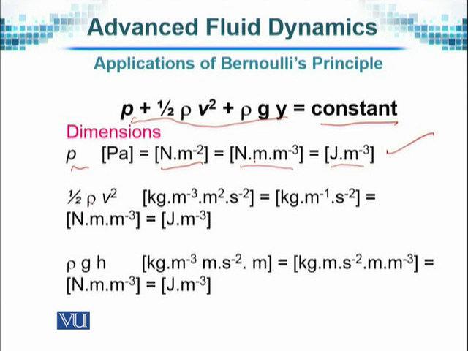Then we have the other term, the middle term, which is half times rho times V squared. Rho is the density of the fluid under consideration. We substitute their dimensions. Half is a constant, it has no dimension. Rho has its density dimensions, and the velocity is distance covered per unit time.